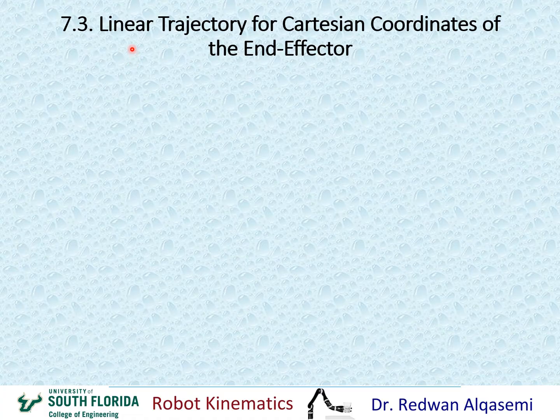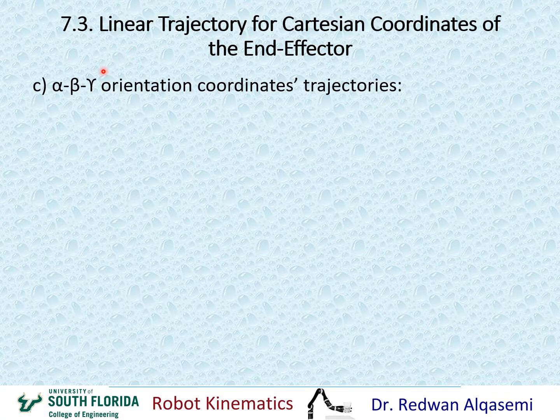The third segment for the linear trajectory for Cartesian coordinates of the end-effector would be the alpha, beta, gamma orientation coordinate trajectories. So these alpha, beta, gamma are the 3 primary angles of rotation about x, y, and z coordinates, and they are represented by the rotation matrix that we have in our transformations.